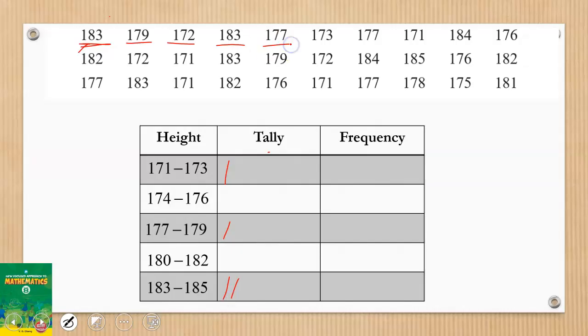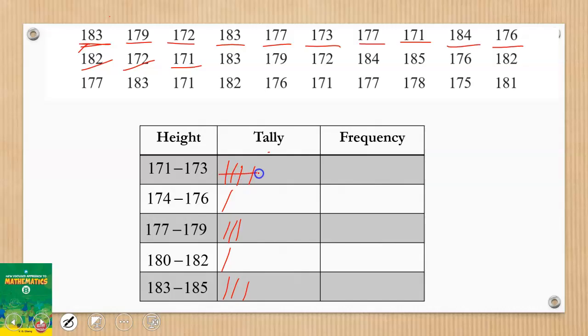And then 177 is here, 173 is here, 177 again is here, 171 is here, 184 is here, 176 can be here, 182 is here, that is this and that. 172 is here. Then 171.